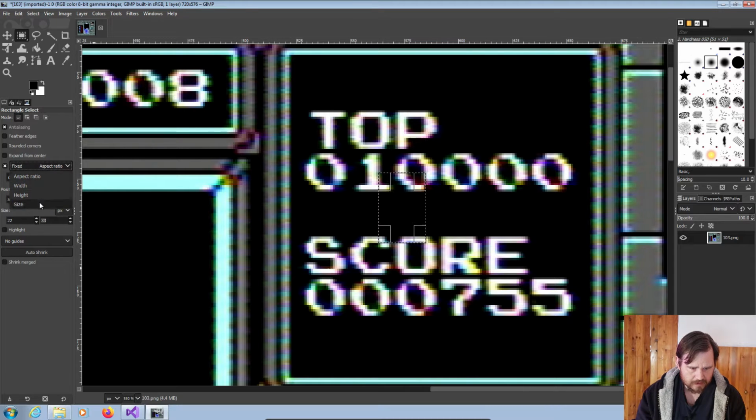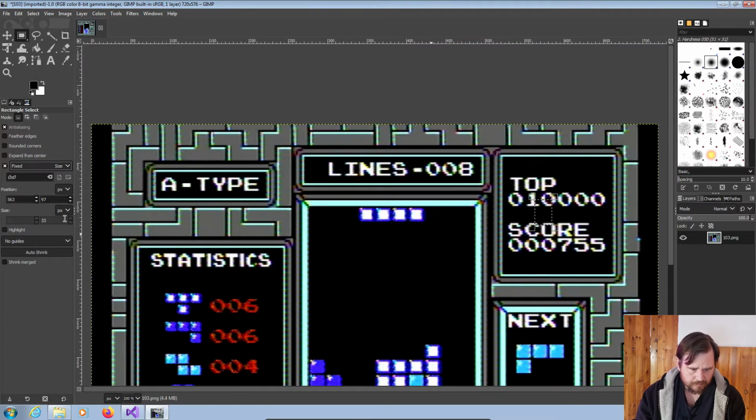Fixed size. What is going on? Oh, right here, 22. No, 22 by 22. Okay, here we go. That's a bit too big, isn't it? So already this bounds this nicely.